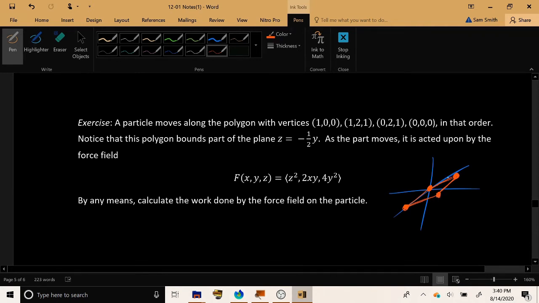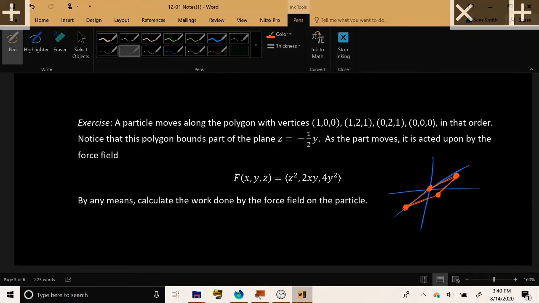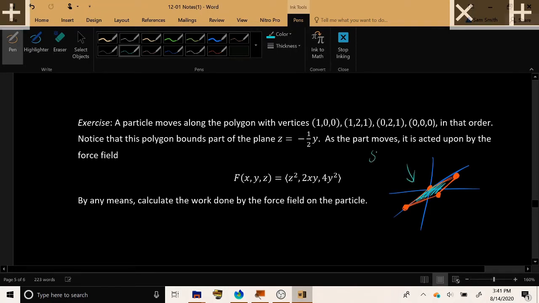And indeed, the hint says, notice that this polygon bounds a part of the plane with the equation z equals negative 1/2 y. So this flat surface, which is being enclosed by the curve described here, this surface S, is given by the plane z equals negative 1/2 y.